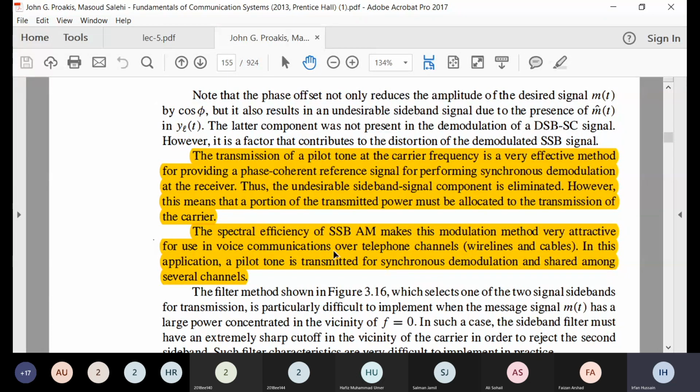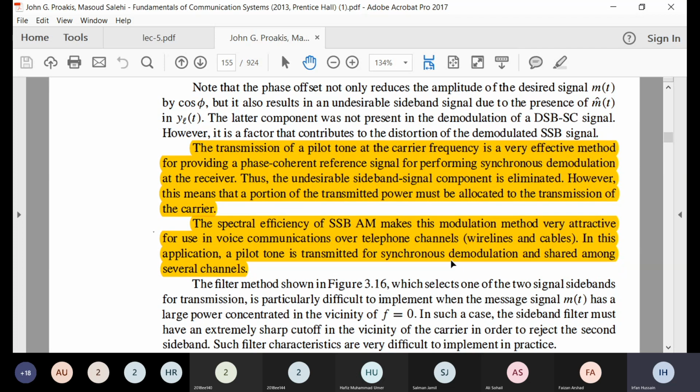So very attractive for voice communication over telephone channels, because you will require half the bandwidth, and a pilot tone will be always sent for every user, so it will help us in synchronous demodulation.